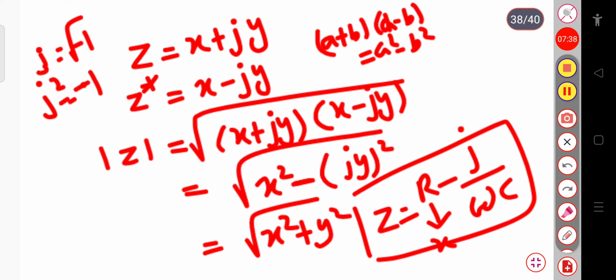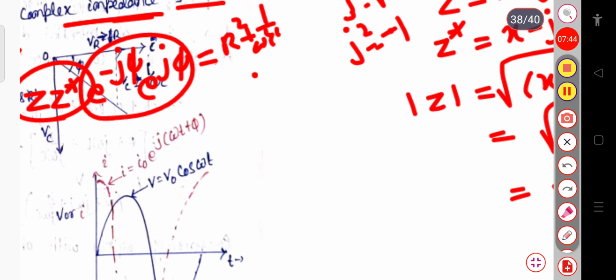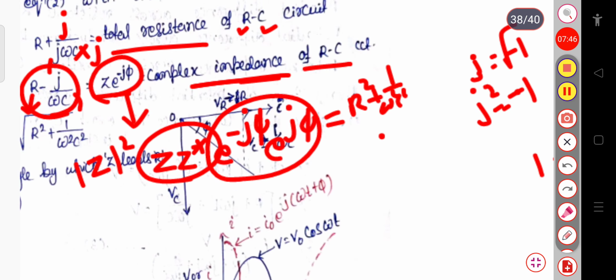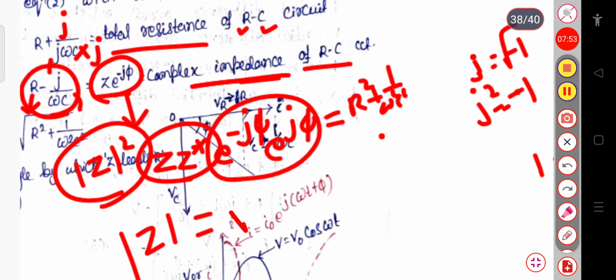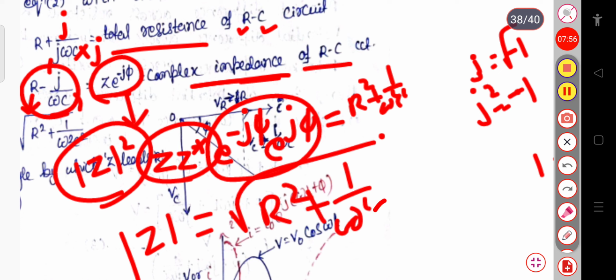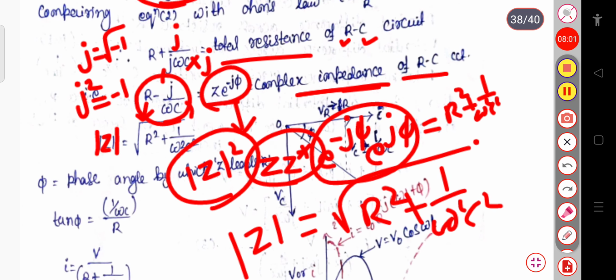So here simply x square plus y square means r square plus 1 by omega square c square. Here modulus of z square is this much. So modulus of z will be equal to root over of r square plus 1 by omega square c square. Okay. Now let us see here.